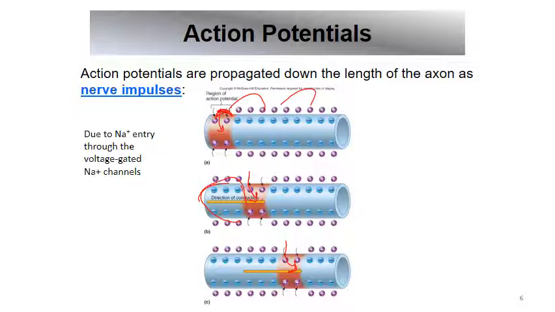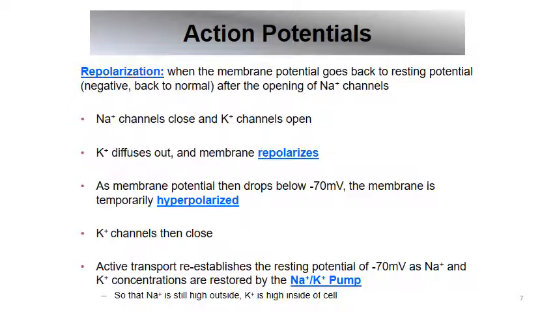And so then, again, the channels are opening one after the other down the length of the axon. And so here, due to sodium entry, the voltage-gated channels are letting in the sodium. Repolarization meant negative, go back to normal.